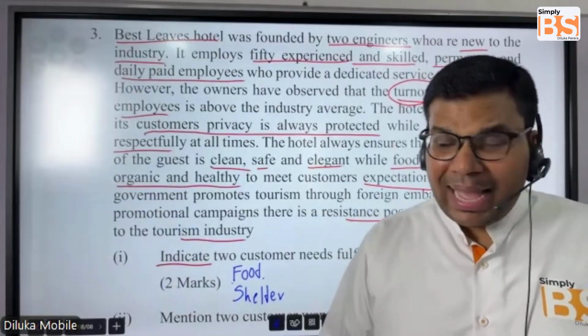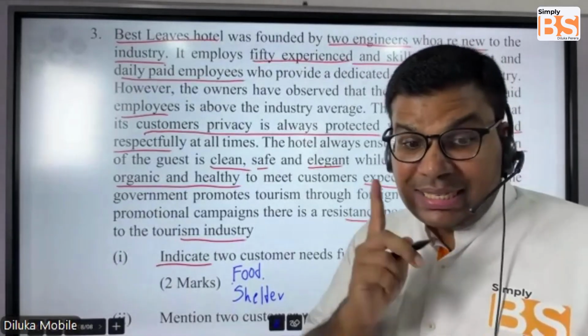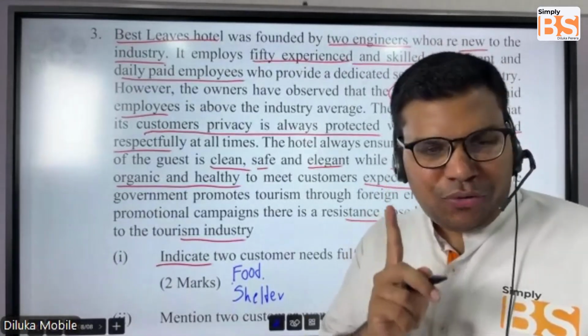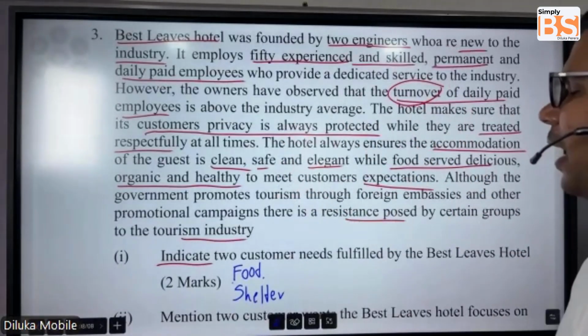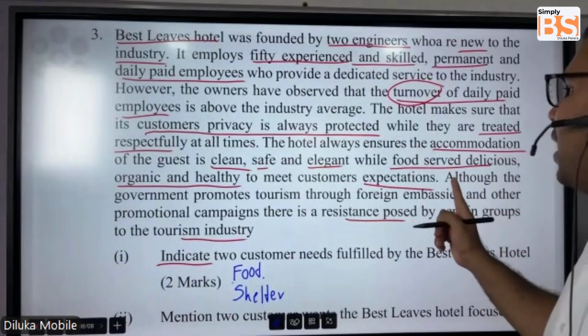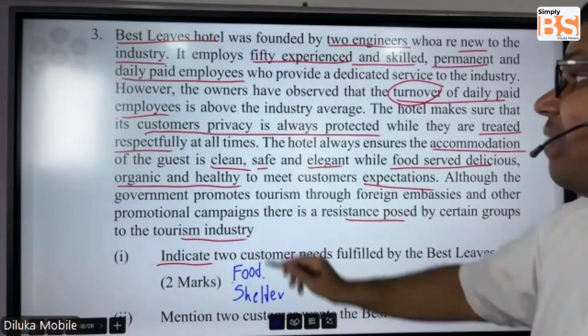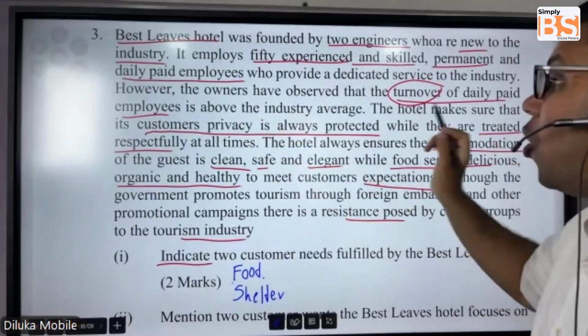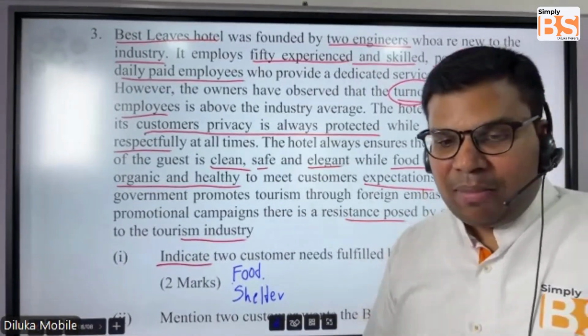And then another very good answer, Evin gave me a very good answer, safety and privacy. Because in the description it says the hotel always ensures that the accommodation are clean and safe, and the customer privacy is always protected. Safety and privacy.